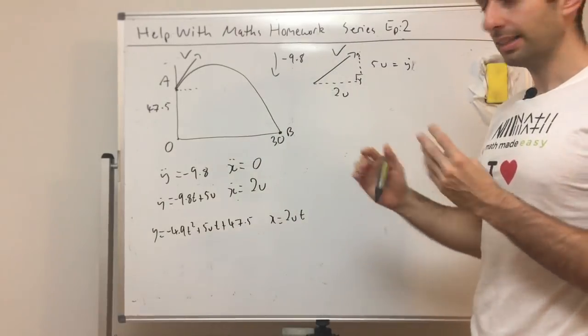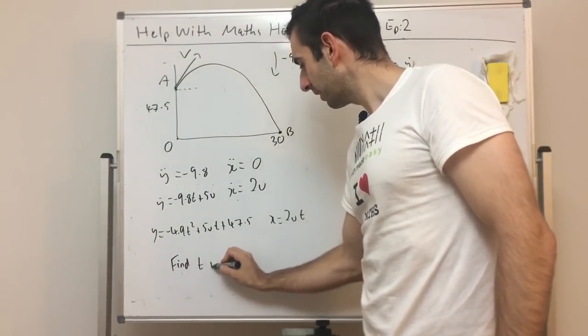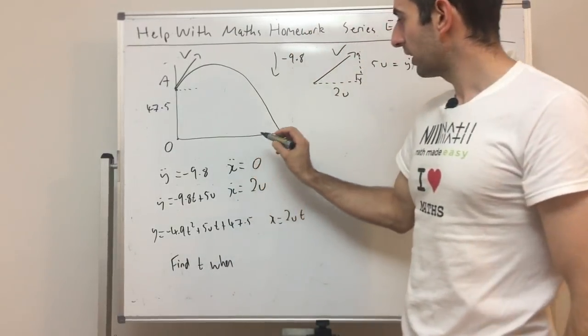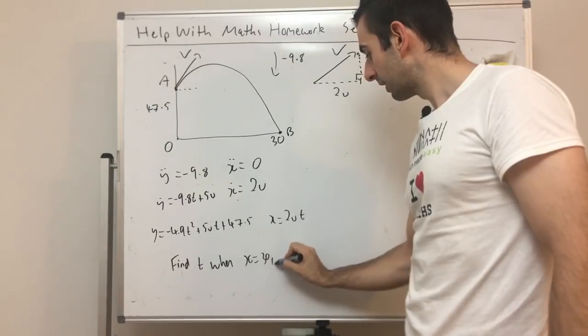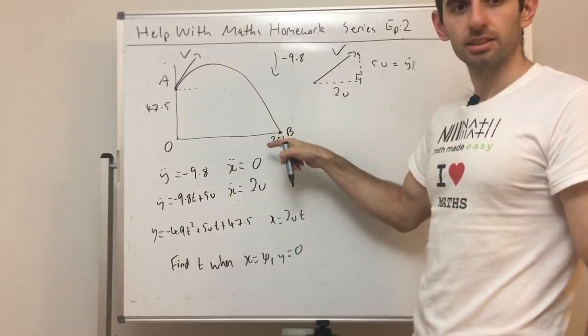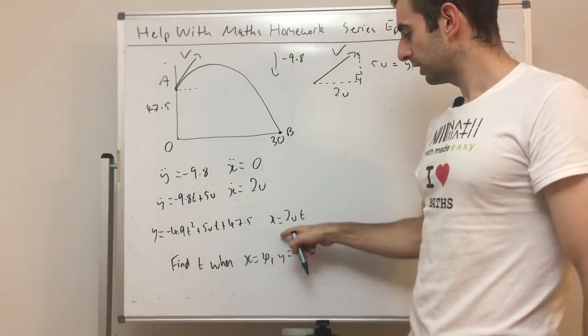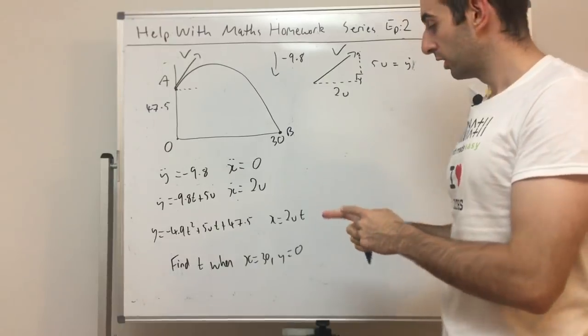And we need to find t. If you look here, the point is x equals 30 and y equals 0, because that's the x-axis. So we've got two equations with two facts to sub in, and we want to find t. So let's sub that in.